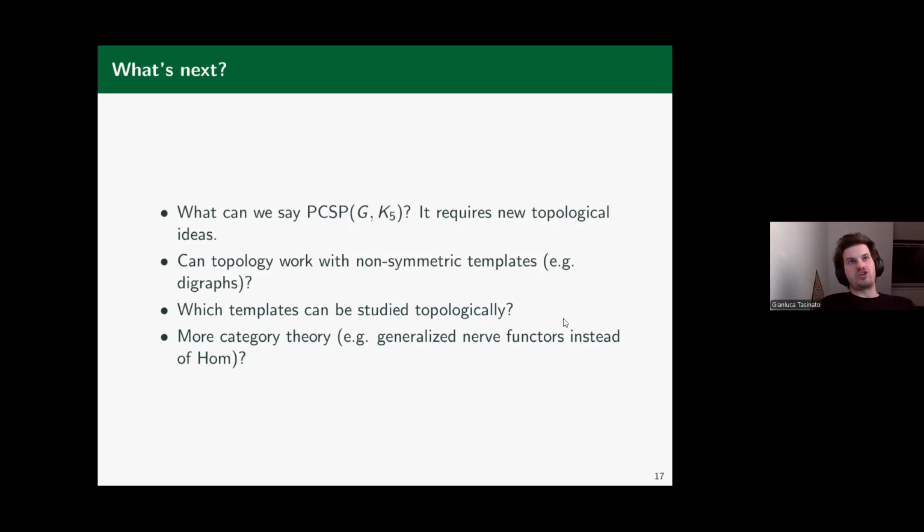I've not mentioned it here, I've been hiding it, but everything here can be seen through the lens of category theory. One natural question is: can we use some more general construction through category theory to help? So substitute, instead of the Hom complex, which is just one possible construction, something else, for example generalized nerve functors or something along those lines. Will that help? That is clearly a very interesting question to study. And with that, I thank you for your attention.